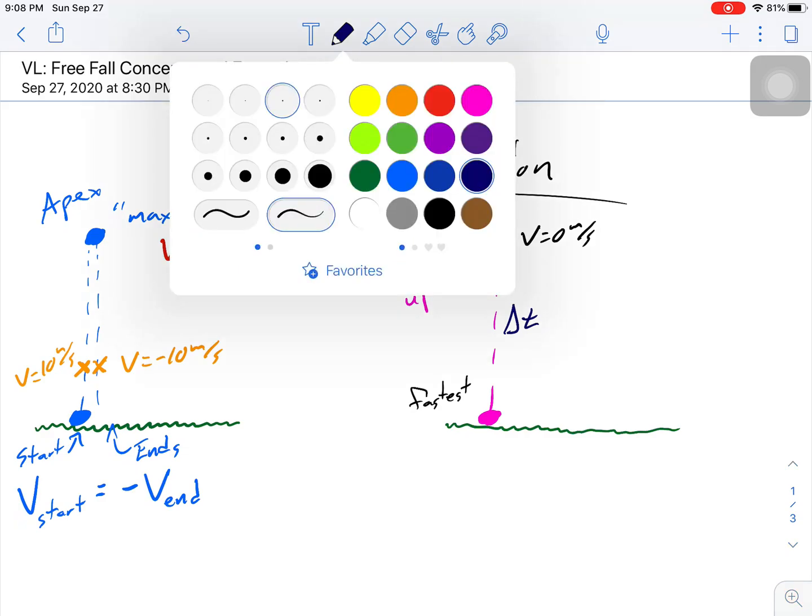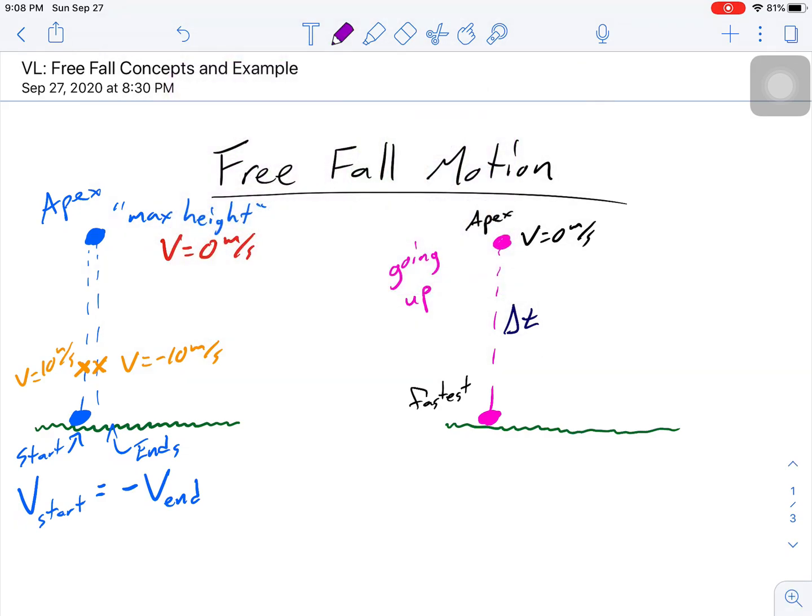On the way down, so now let's do this in kind of this purple color here. Now let's say we're going from the apex, and now we start falling. Same deal. Our velocity is 0 at the top. We're moving our fastest at the bottom. And the time interval to do so is actually going to be the same. Right?